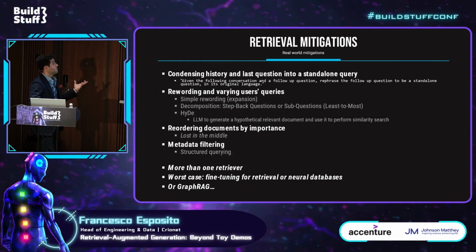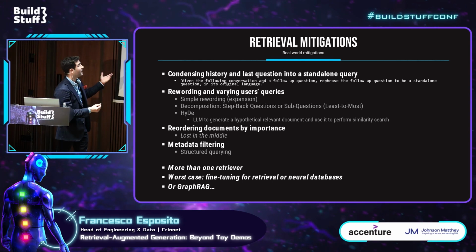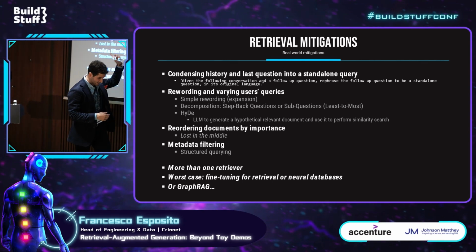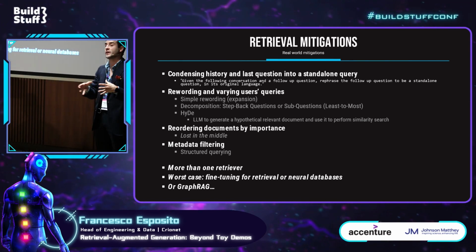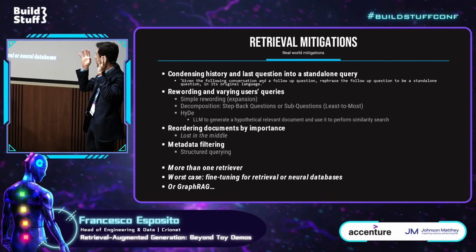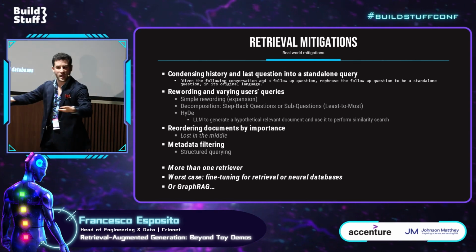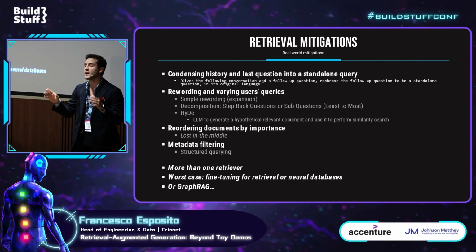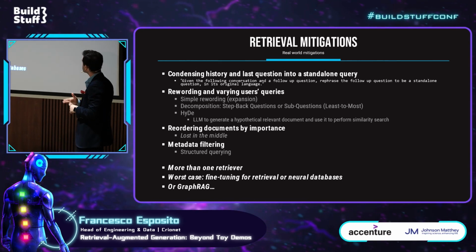Then when it comes to the retrieval step, we have anticipated this before. So condensing the original user query into one standalone question is something that must be done always. I mean, no way, how naive, how small is the application, this must be done.